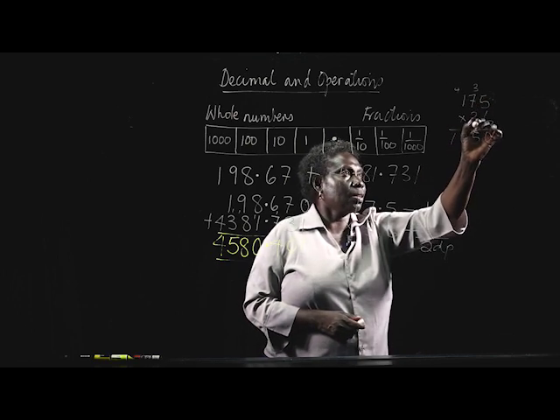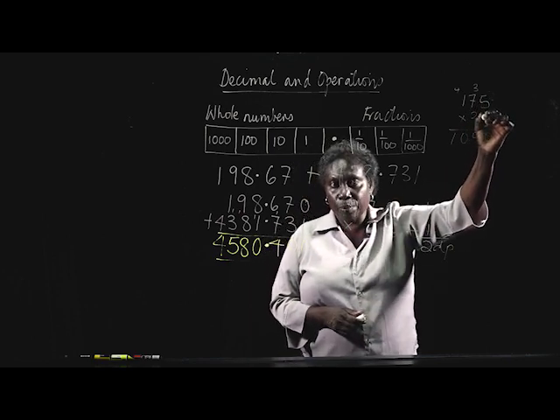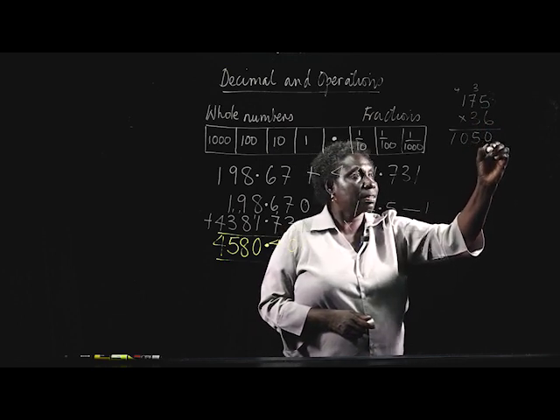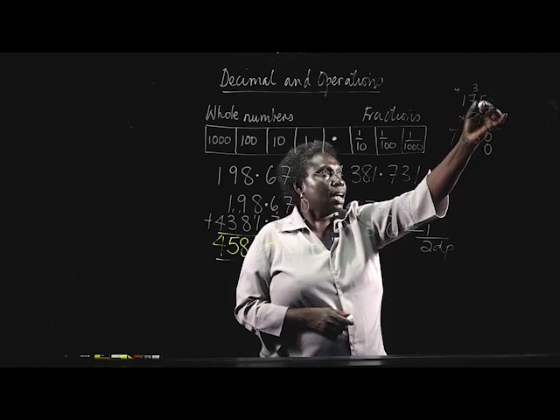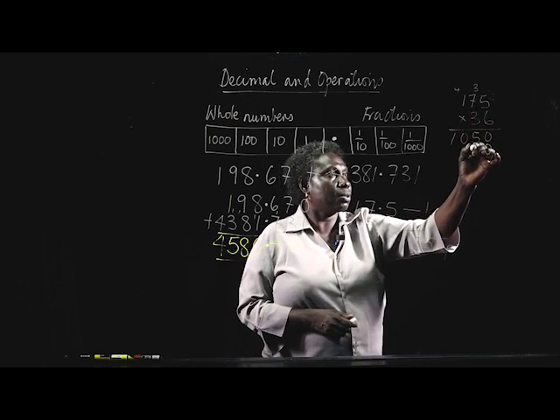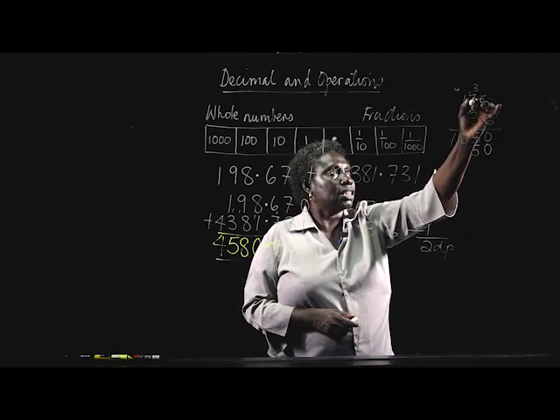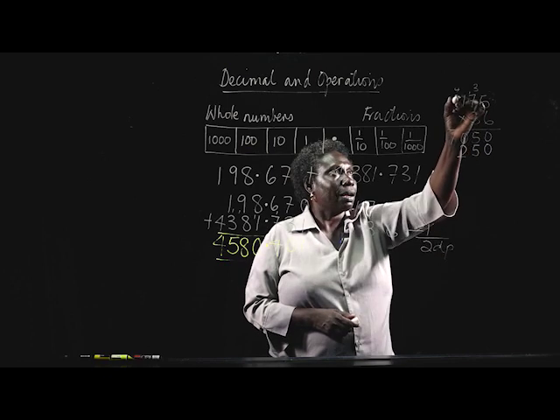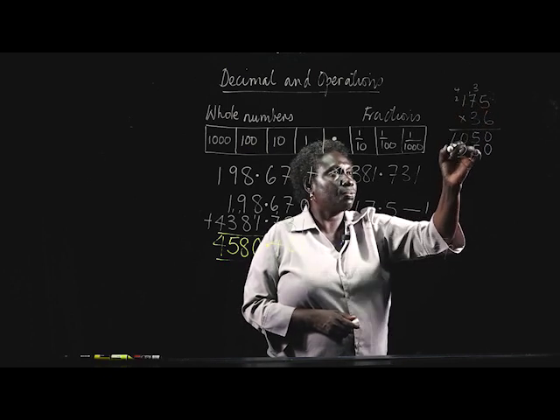Now, when I am multiplying by 3, I am actually multiplying by 30, so I put the 0 here first before I multiply by 3. I have 3 times 5 is 15, put down 5, carry 1. 3 times 7 is 21, plus 1 is 22, put down 2, carry 2. 3 times 1 is 3, plus 2 is 5.